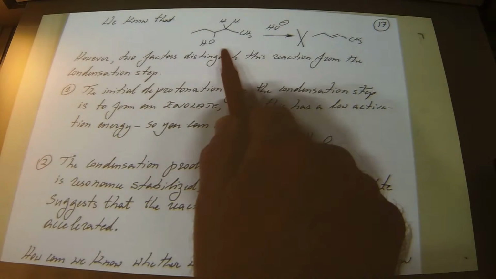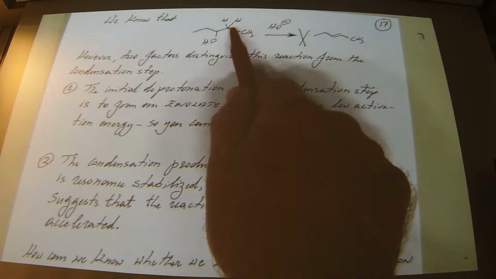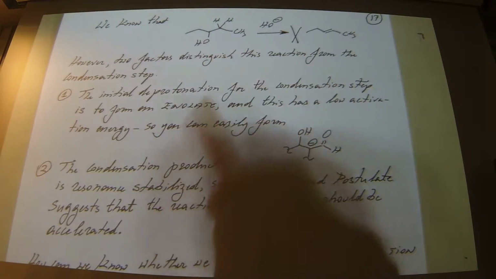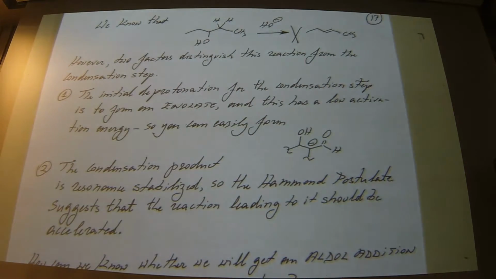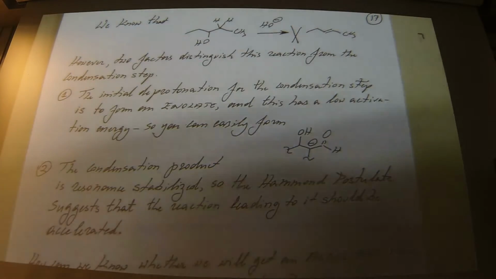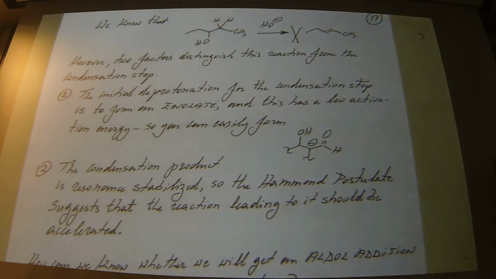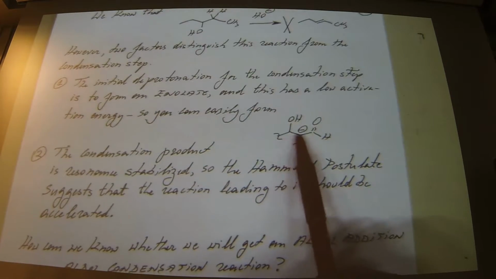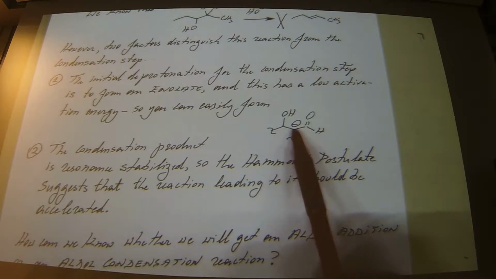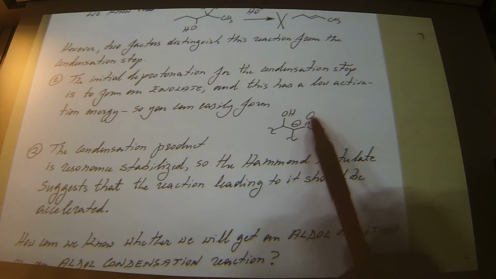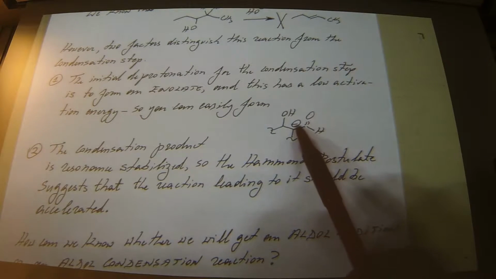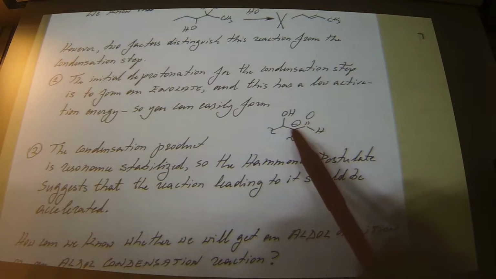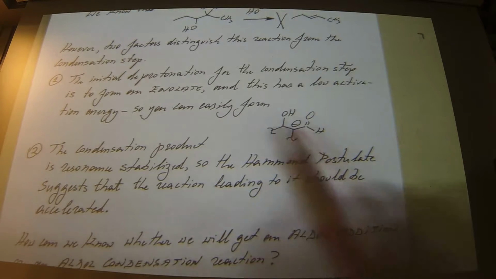Not so here. If I pull that proton off, there's no way to delocalize it, and certainly there's no way to end up with a negatively charged oxygen atom, because there is no oxygen there. So that means that hydroxide is not going to be able to pull that proton off easily, whereas this kind of enolate, this kind of anion, resonance stabilized enolate, where the negative charge can end up on an electronegative oxygen atom, that kind of anion, easy to make, okay?